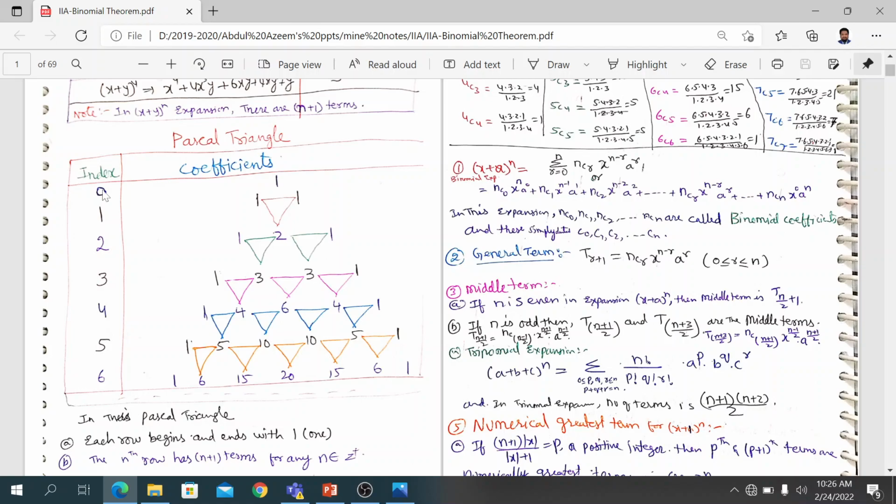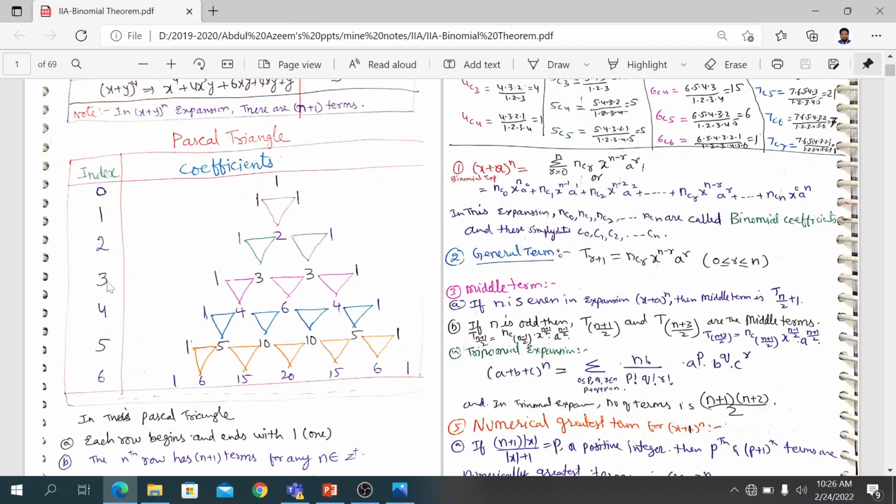If the index, that is power 0, is there, only the number 1. For index 1, you write 1 and 1. If it is index 2, what you have to do? 1 as it is, 1 plus 1 is 2, and the last 1 as it is.